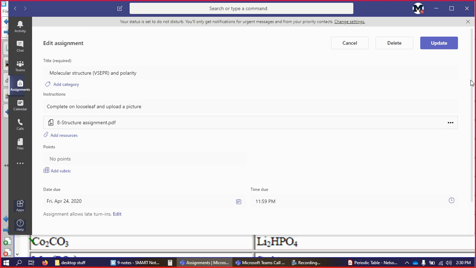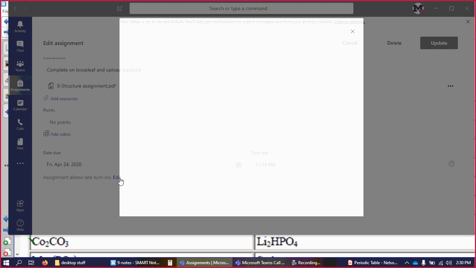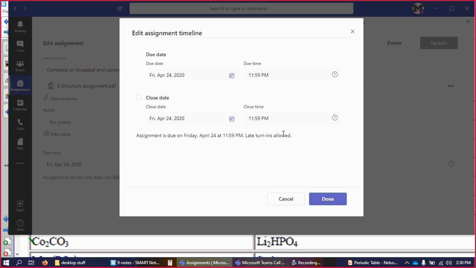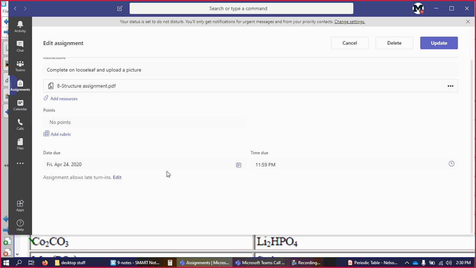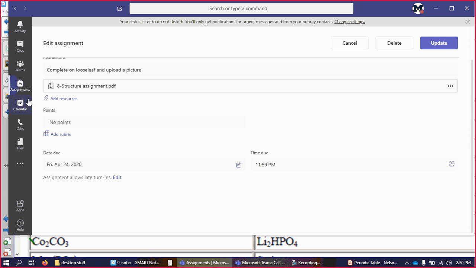Pretty sure it says accept late assignments. I could close it, but in this instance that would be idiotic as far as I'm concerned. So if you're not totally finished, take your time.